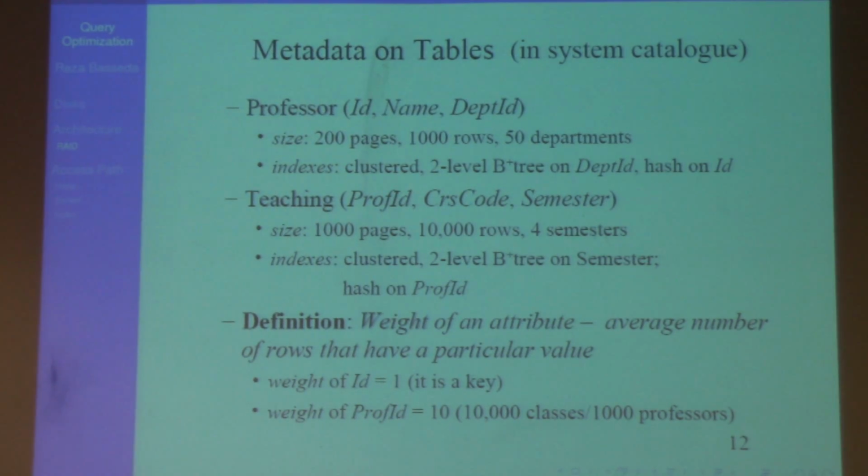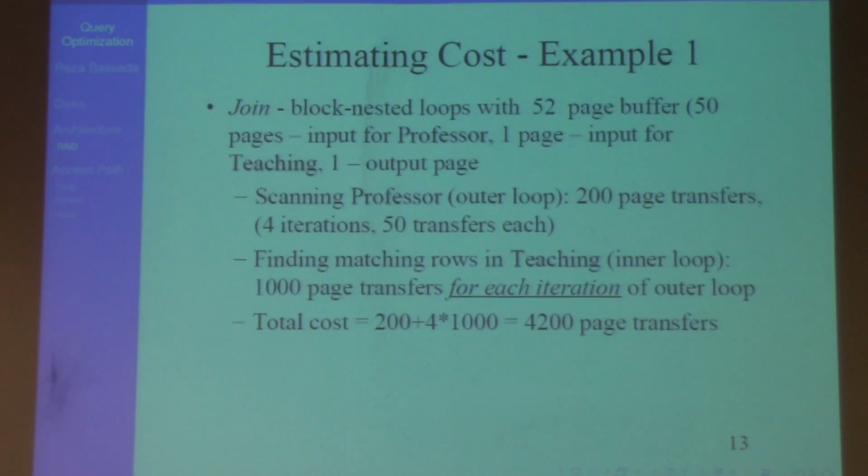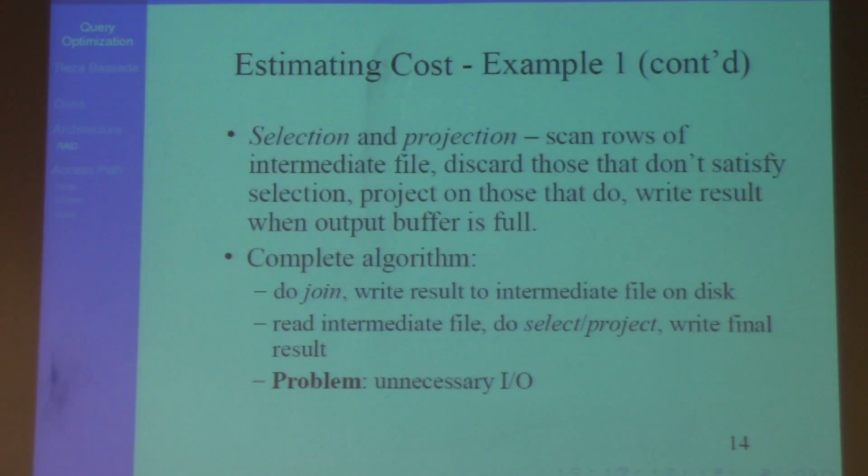Why? Because at least the Cartesian product has the minimum number of records, which could be the number of the teaching records, right? So from 5,200 pages, you will get to 4,200 page transfers. So it's a great advancement.